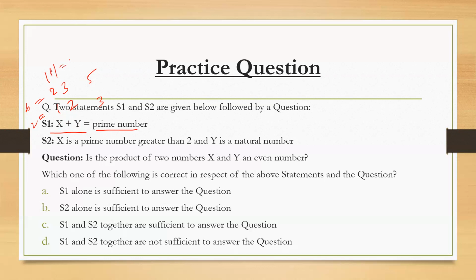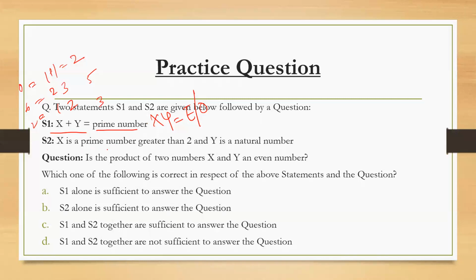So 1 plus 1 is 2, which is a prime number. Okay. So here xy becomes what? X into y is an odd number. So we can clearly see that statement 1 alone does not answer my question, because the value of xy that I'm getting can be either odd or even. Fine, I'm getting both the values.